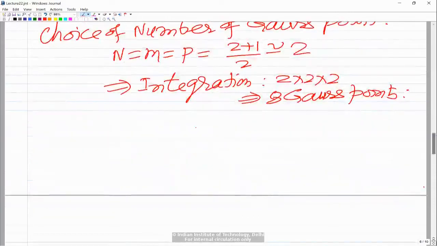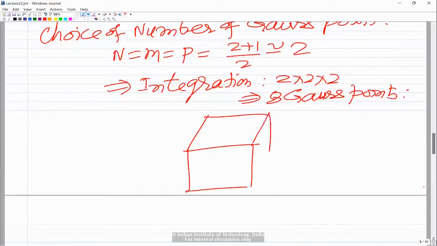So if you look at this element in the natural coordinate space, that is in xi eta, so this side is the eta coordinate, this side is the xi coordinate, and this is the zeta coordinate.